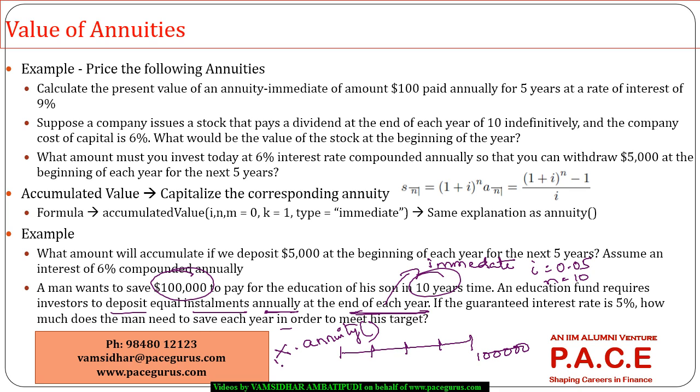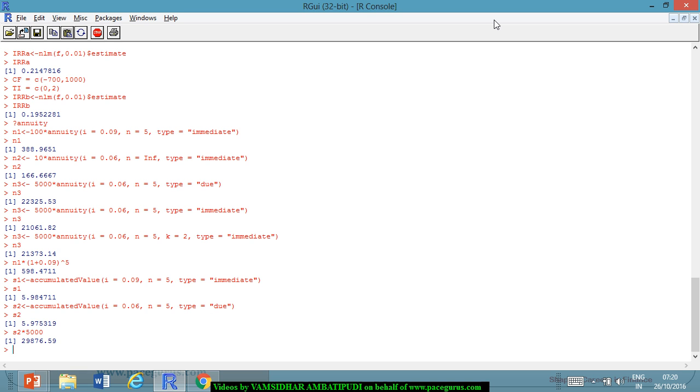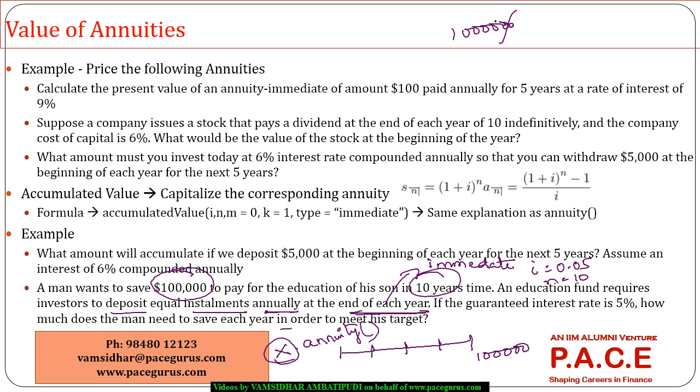So I have to find out this X, which is nothing but 100,000 divided by the annuity amount that we are going to get. Actually, we are not talking about the annuity here. We are talking about the accumulated value. The accumulated value is becoming 100,000.